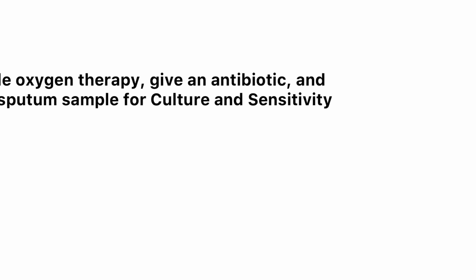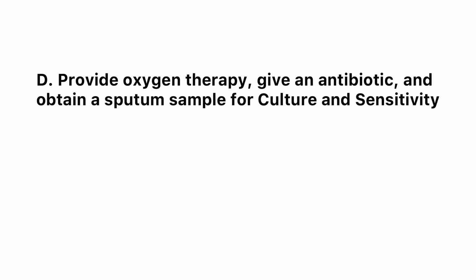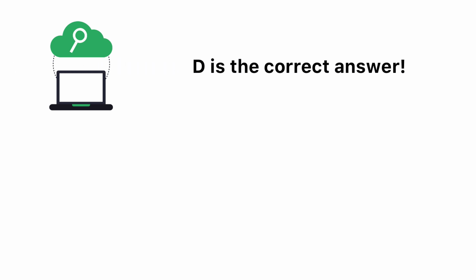The correct answer is D, provide oxygen therapy, give an antibiotic, and obtain a sputum sample for culture and sensitivity. Based on the information that is provided, we can easily figure out that D is the correct answer.